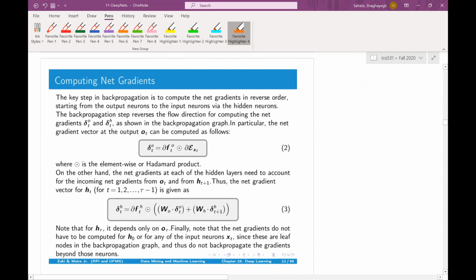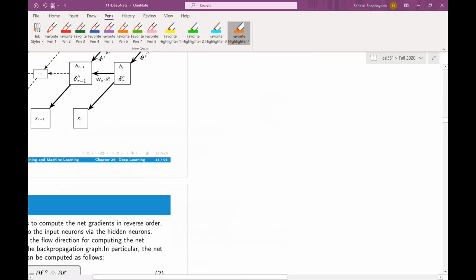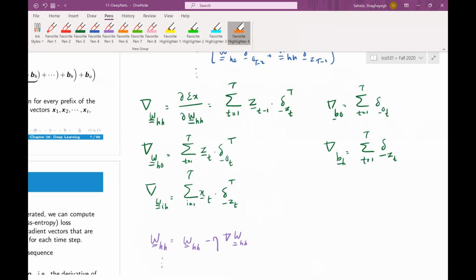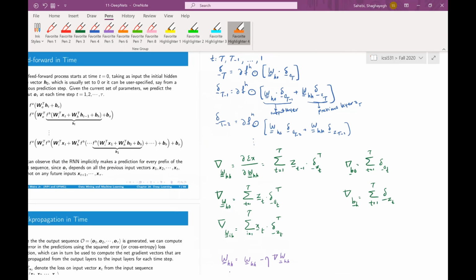So there is one problem in RNNs: if our tau is too large, for example, if we have a long sequence, in the back propagation, we get the gradient explosion problem. For example, the net gradients are going to go to infinity, or sometimes maybe we have the vanishing gradient problem, so the net gradients are going to go to 0 as we are back propagating.